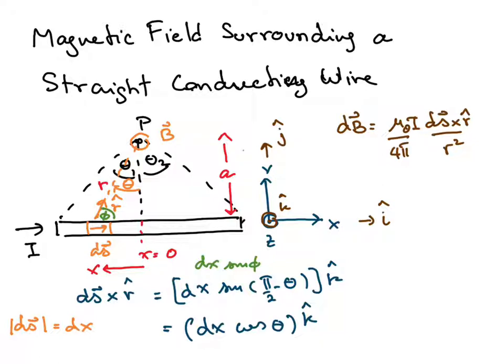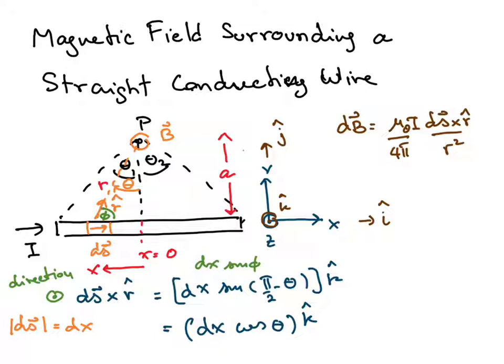So in this case, we have that ds cross r points out of the screen. Okay, this is the direction of ds cross r.